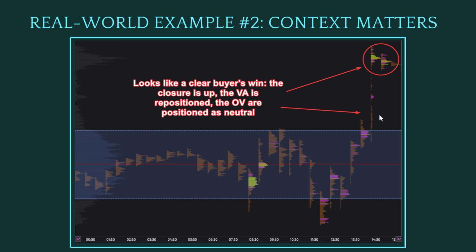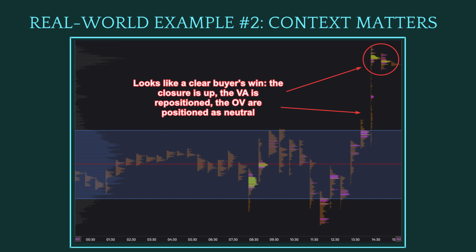The day rotated in the first half and then positioned all the gathered volume as buying volume. The overnight volumes are positioned neutral. Nothing negative here. Everything looks perfect to take a buy trade the next day, right?